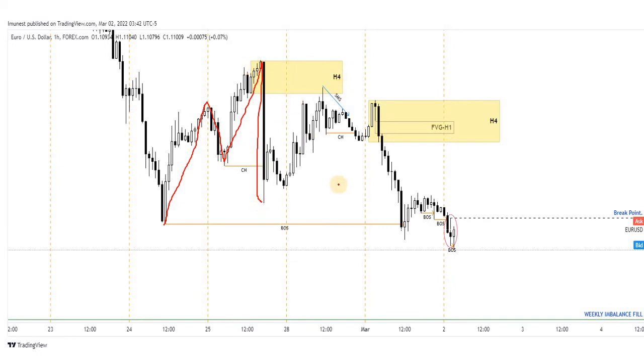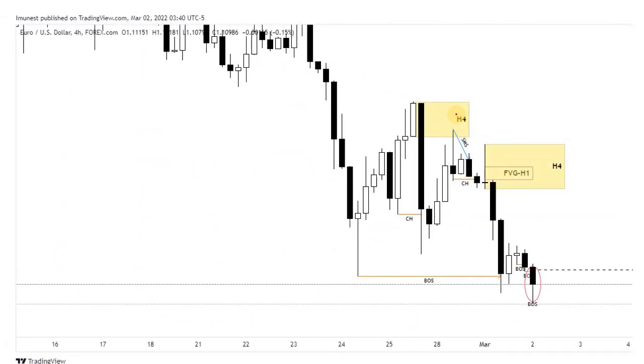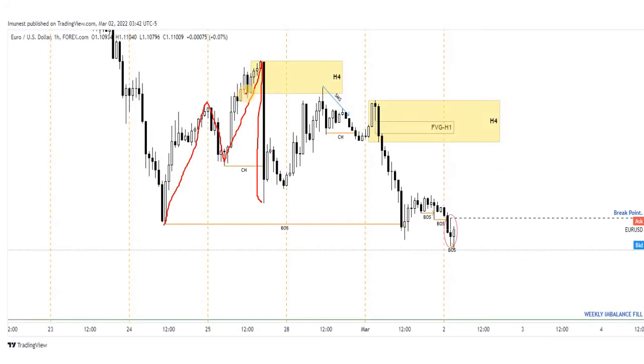If you move back to the 4-hour, you will see this 4-hour order block, which was actually a single bullish candle, but coming down to the 1-hour time frame it is 4 bullish 1-hour candles, and this is what makes up the order block.